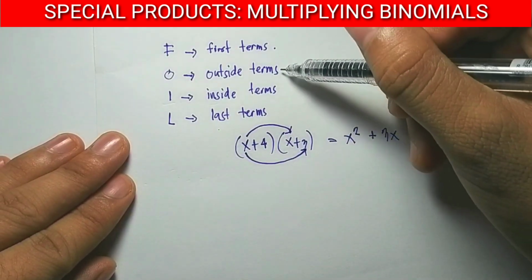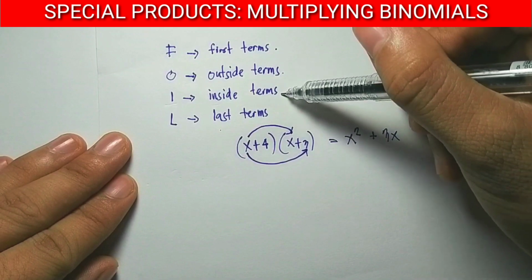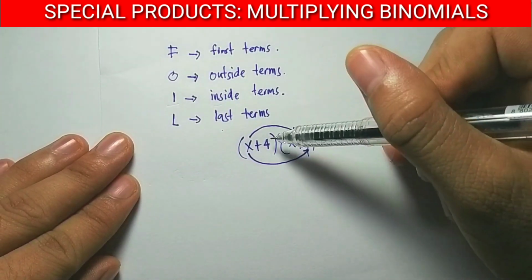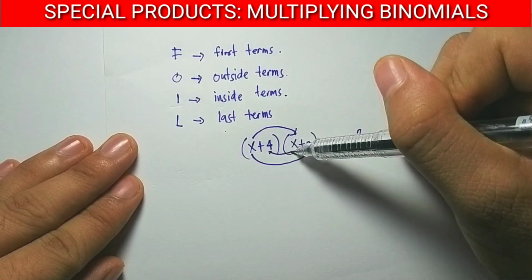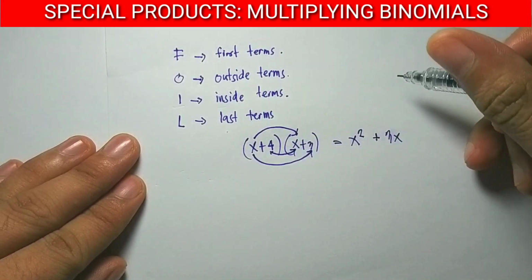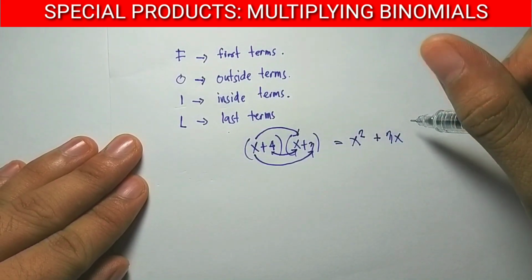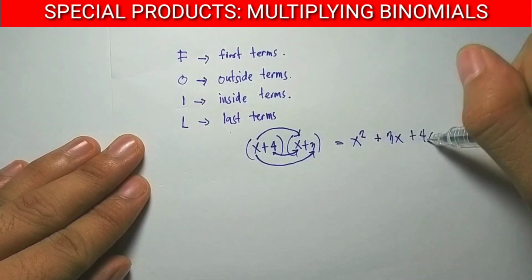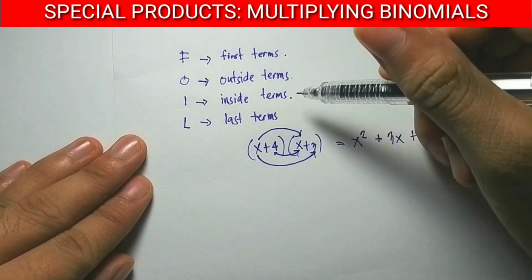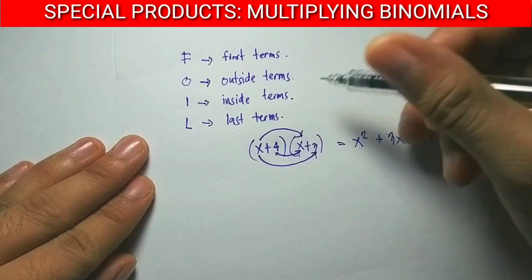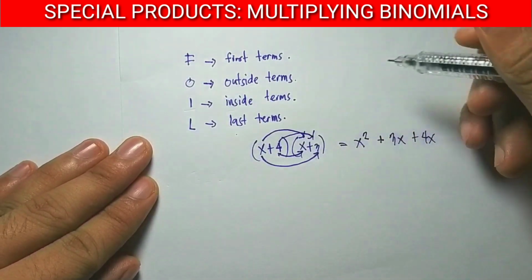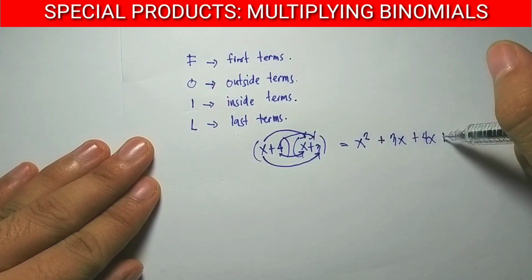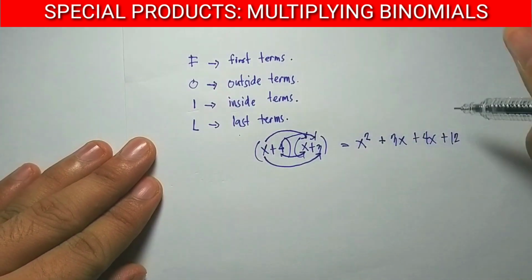So humana ta sa outside terms, diri na ta sa inside terms. So ang inside terms kay 4 og x. So 4 times x, that is positive 4x. And the last terms are 4 and 3. So 4 times 3, that is positive 12.